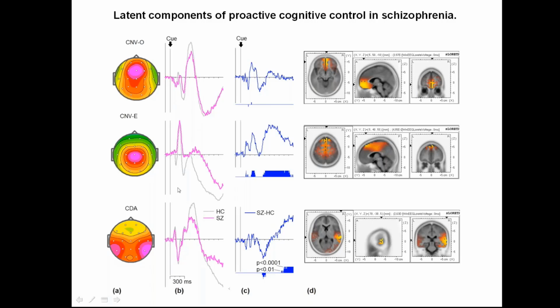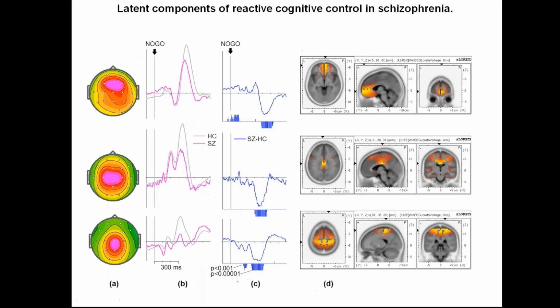Gray is healthy controls, and pink is the patient group, and green is the differences. And as you can see, the p-values show quite a large differentiation. And you can see that this component, the frontal component, does not discriminate between schizophrenia and healthy controls, but these two components, one is the pre-supplementary motor cortex component, and the other one is the temporal component, they discriminate quite nicely.